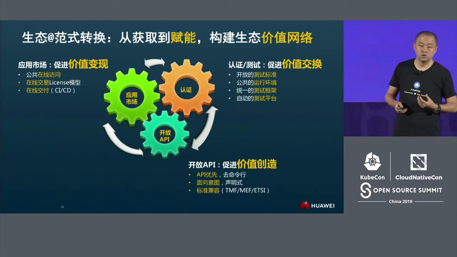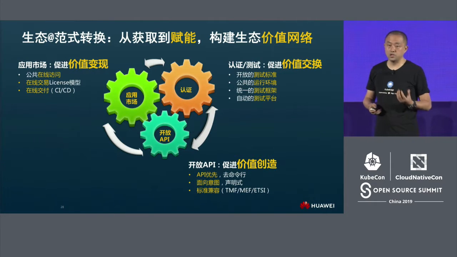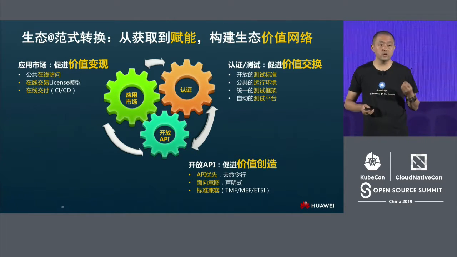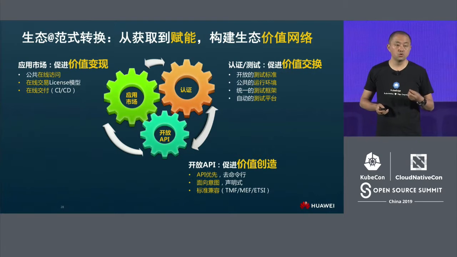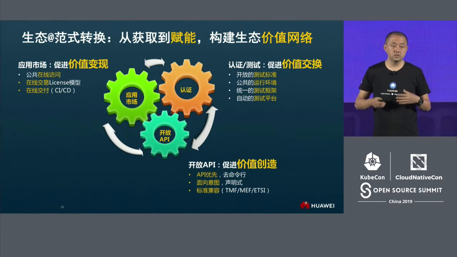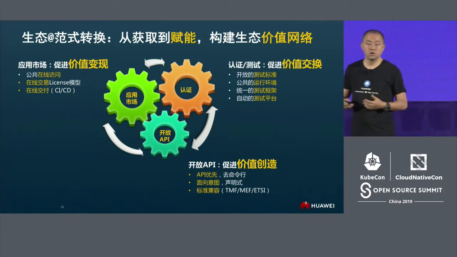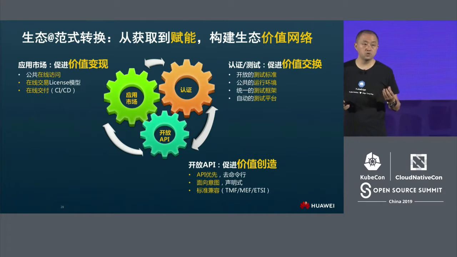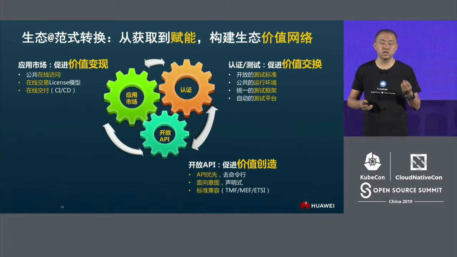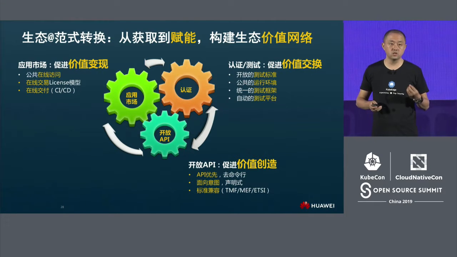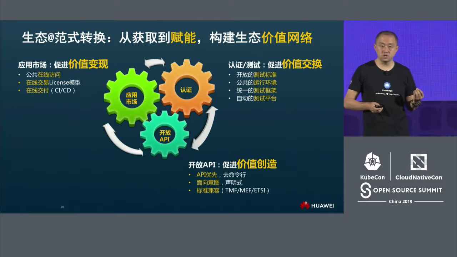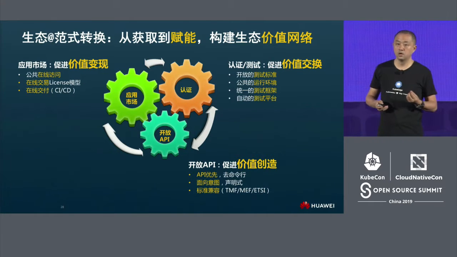The ecosystem is about the paradigm of development changed. So we know that the ecosystem needs a large scale and fast expansion, and the breakthrough and also the explosive development is very important. So first we need the active development of API and attract our partners to work on the value creation.